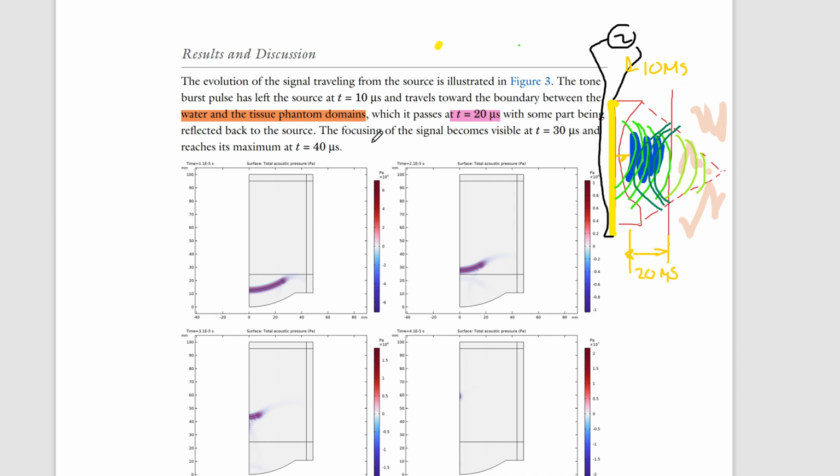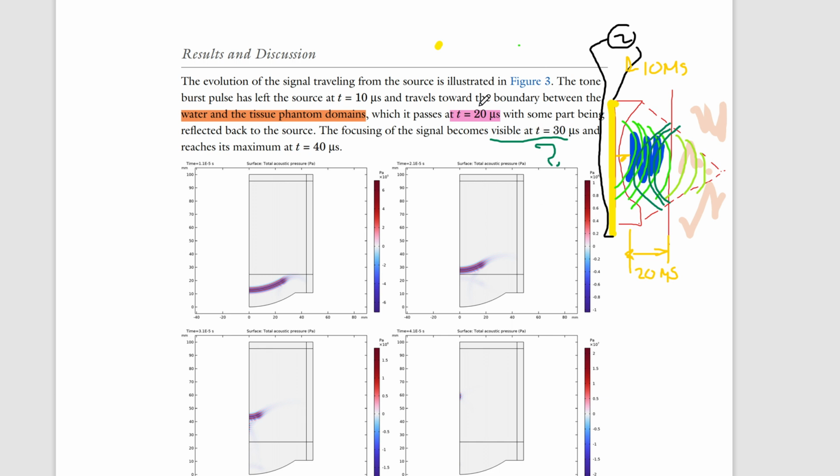The focusing of the signal becomes visible at time equal to 30 microseconds. So this doesn't relate to this, because if it's becoming visible at 30 microseconds, that must mean that we're taking some lag to pick up. Or maybe, does it really mean that our software has a lag?